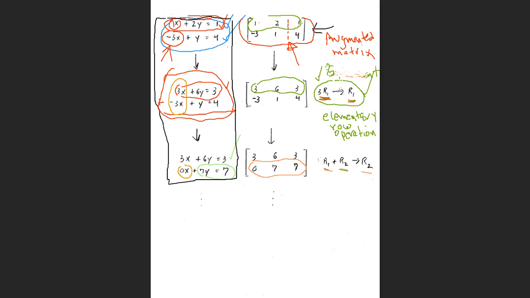Yeah, that's called scaling. This operation here, where we added the first row to the second row and put the result in the second row, that's called replacement. Let me just be careful here. Yeah, that's called replacement.